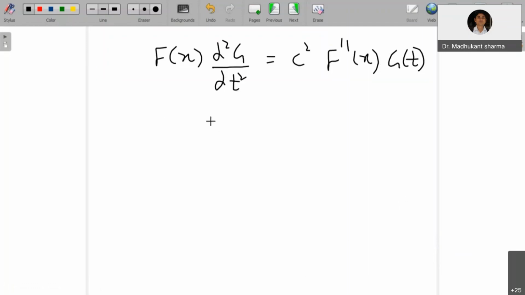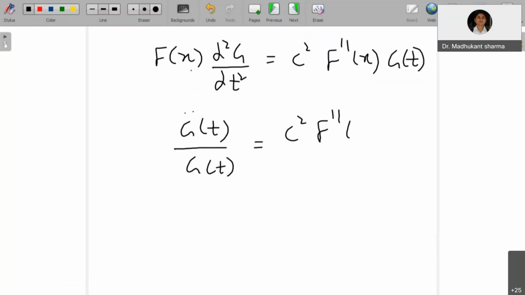Now this certainly implies g double dot t by g of t equals c square times f double dash of x divided by f of x.